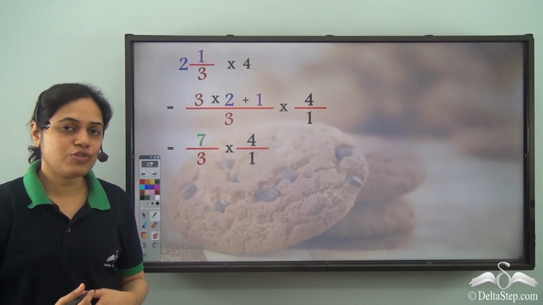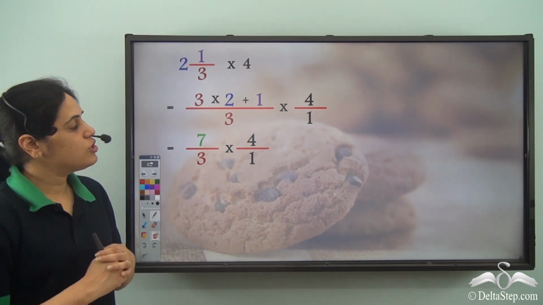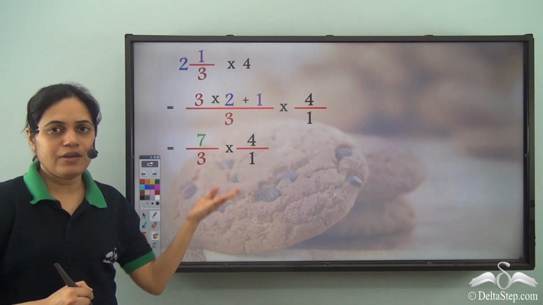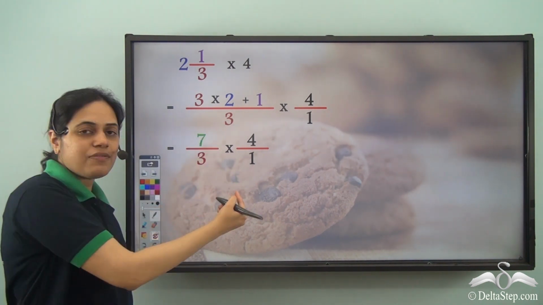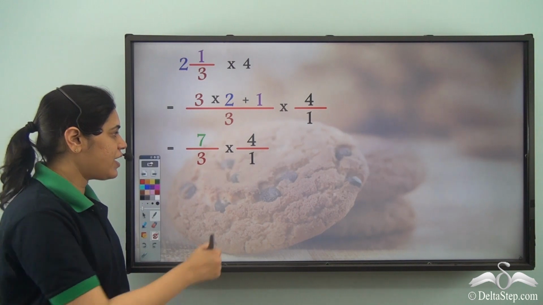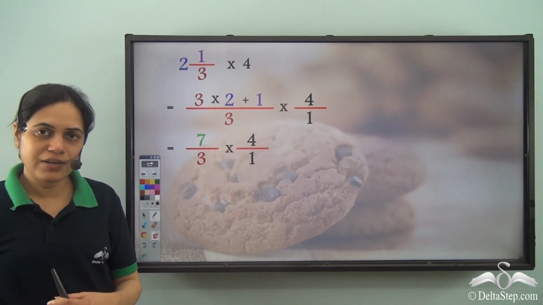First we need to check whether there is anything that is getting cancelled out. We see that apart from 1, there is no common factor between 7 and 3 or 7 and 1. Also, apart from 1, there is no common factor between 4 and 3 and 4 and 1.